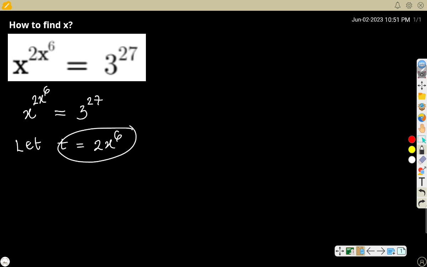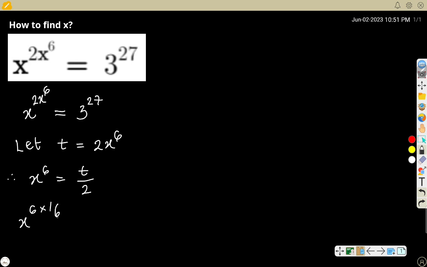So what is s? If t is this, that means from here I can say s raised to power 6 is equals to t divided by 2. So multiply both powers by 1 over 6, to remove this 6.